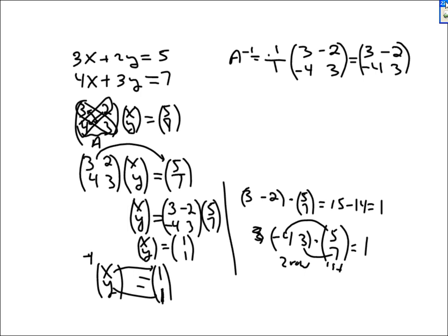Now, you're saying, oh, this is so much easier than Gauss-Jordan elimination. Well, I'm not going to argue that. I'm not going to say yes or no. I will say, though, be careful. If you have a 3 by 3 matrix or a 2 by 2 or a 5 by 5 matrix, you spend all this time trying to find the inverse, only to find out it doesn't exist.